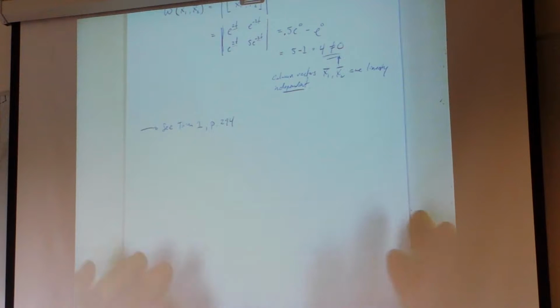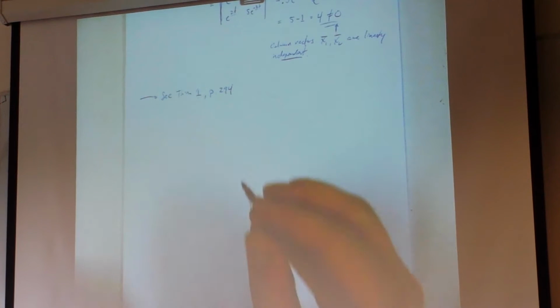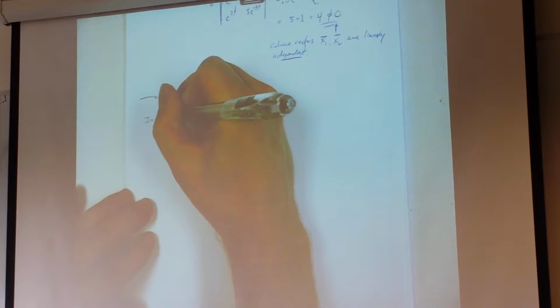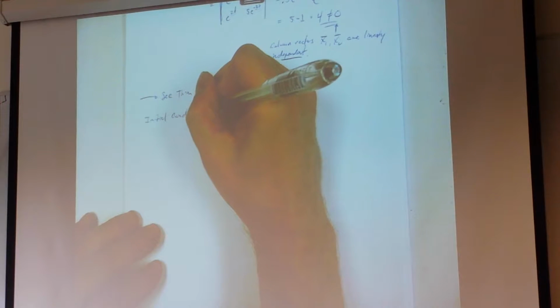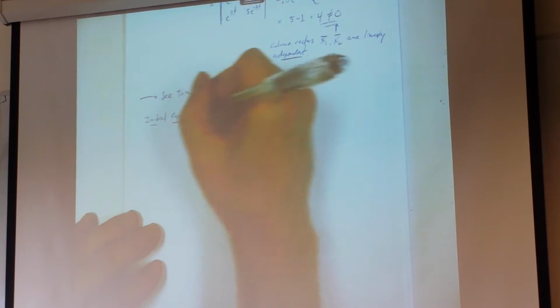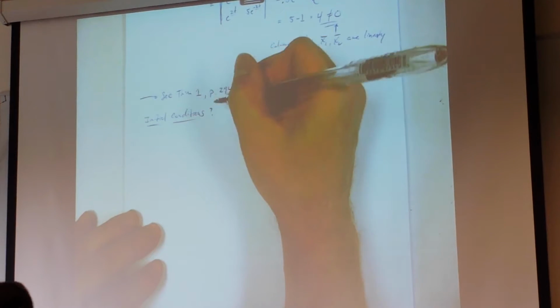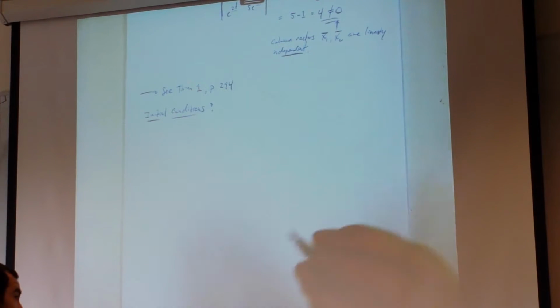So what if there were initial conditions to this system? When they give you initial conditions, it's going to be in a vector form.